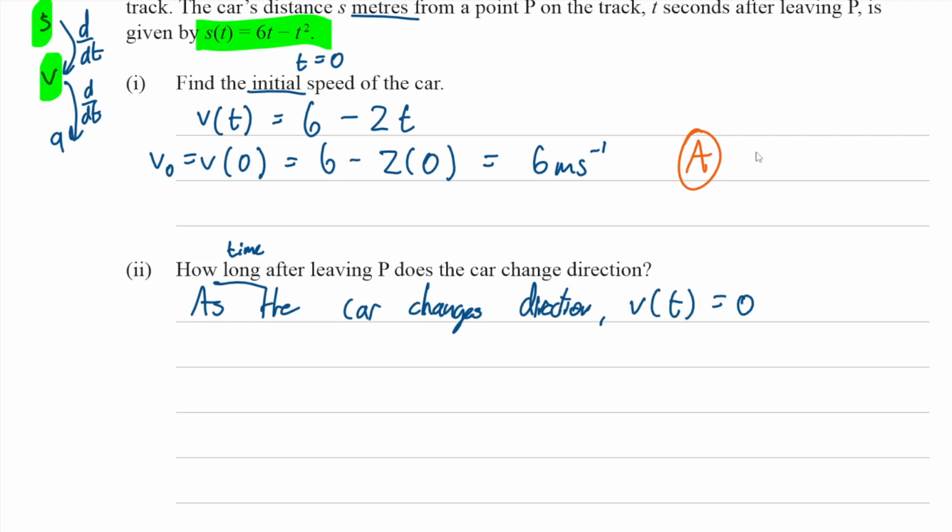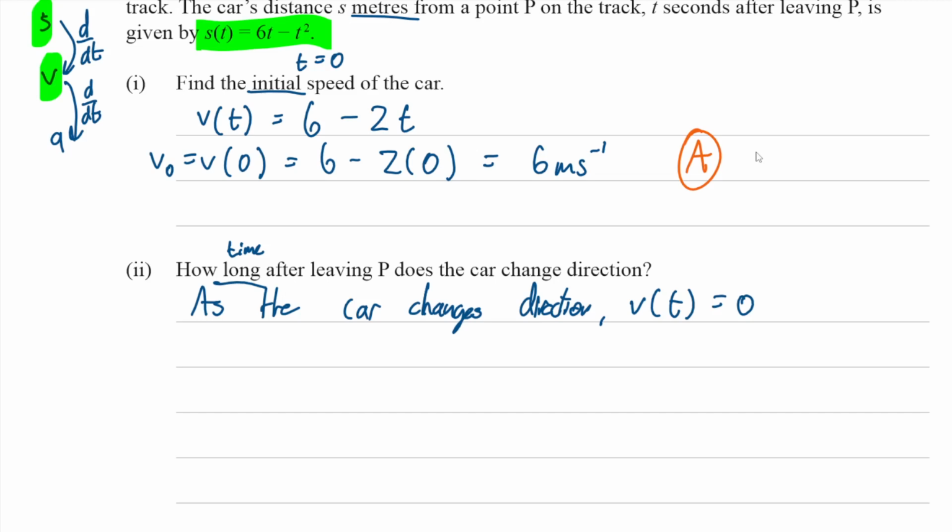The analogy is, if you throw a ball up in the air, it's accelerating down due to gravity the whole time. However, it'll keep going up until a point where its speed is 0, like it's just momentarily frozen before it comes back down. So likewise here, except this time it's on a flat surface, as it changes direction, its speed would equal 0.